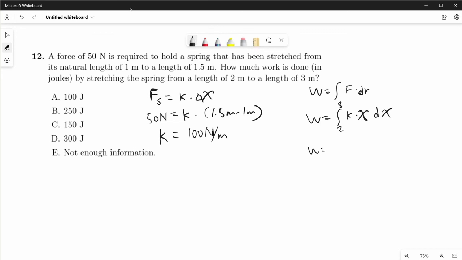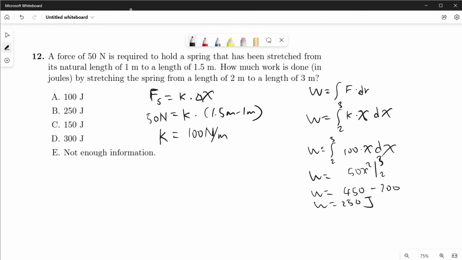Pretty simple. Plug in 100, and then we have the integral, 50x squared, evaluated from 2 to 3. Then that's 450 minus 200, which is 250 joules.